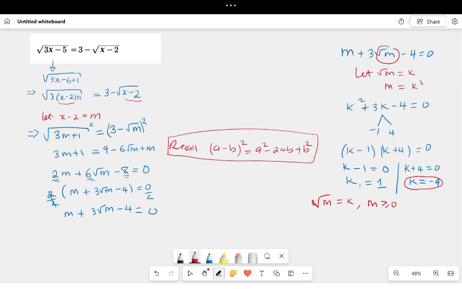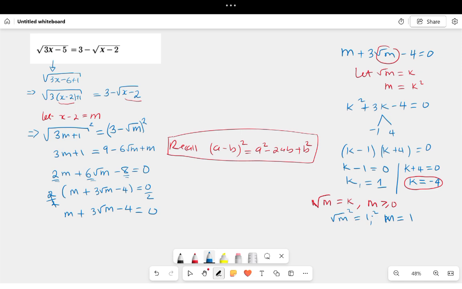So therefore, the square root of m, which is equal to k, is equal to 1, and therefore m is equal to 1 by simply squaring both sides.